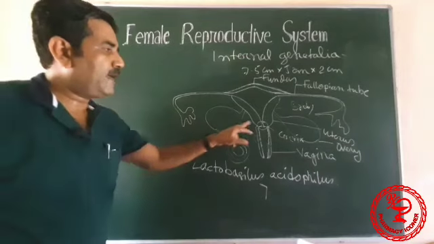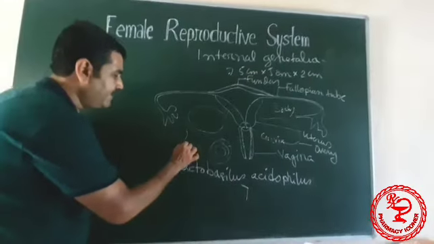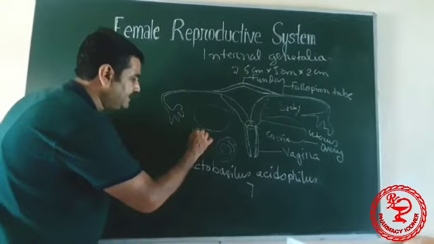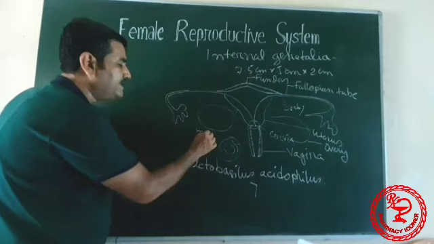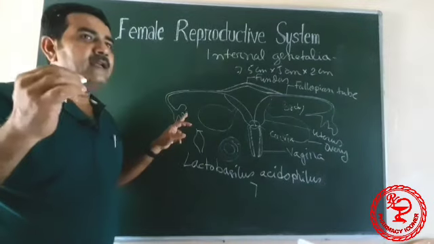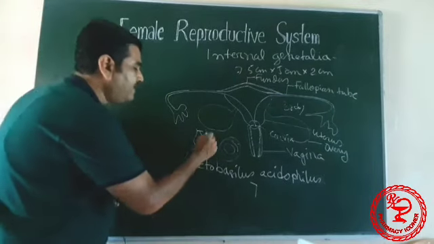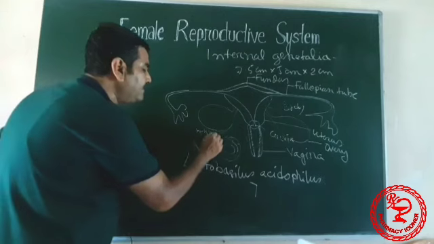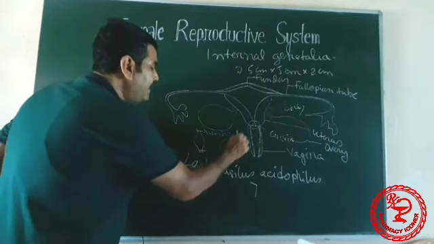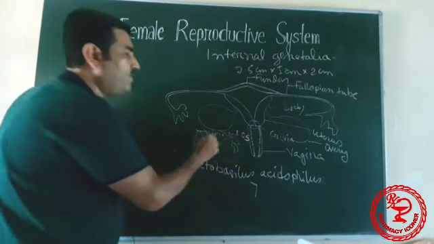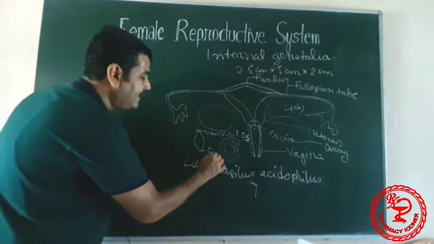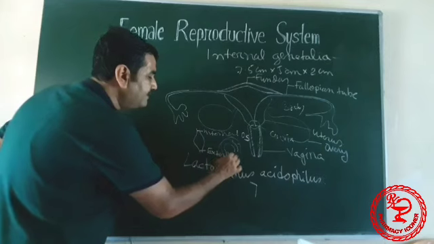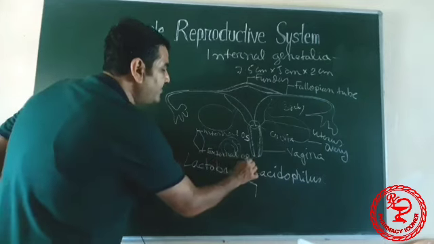So this cervix has a formation like this. There is an external and an internal entry. This is the internal os of the cervix, and this is the external os of the cervix.